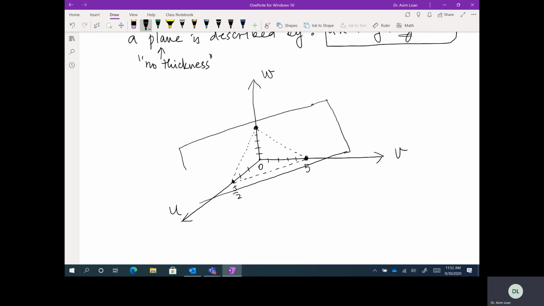This is a sloping plane because of the triangle. So for a plane, you only need 3 points, or a point and 2 lines to draw a plane. So this plane contains this triangle. Okay, good.